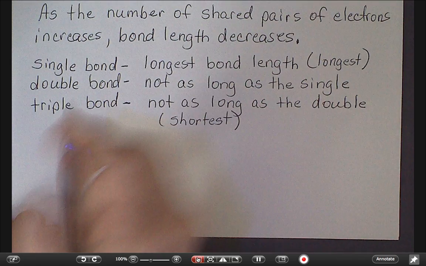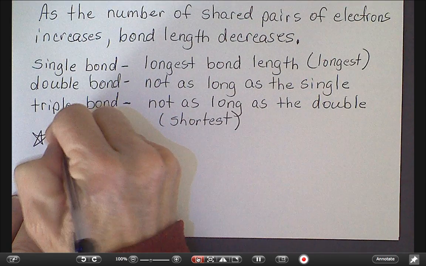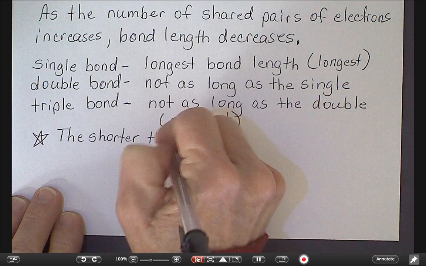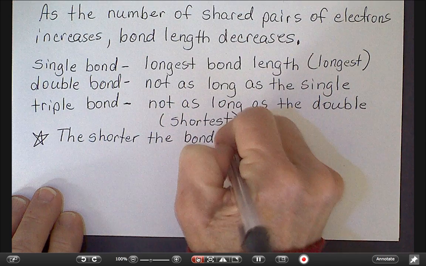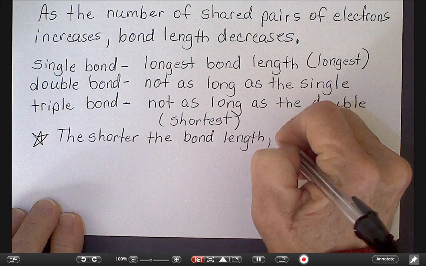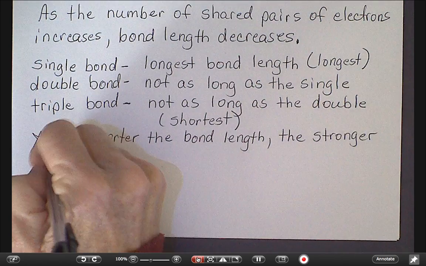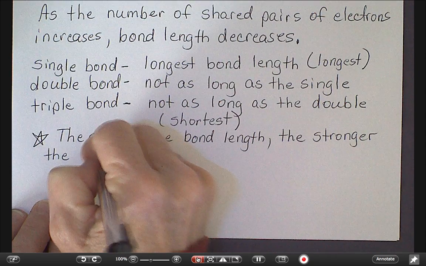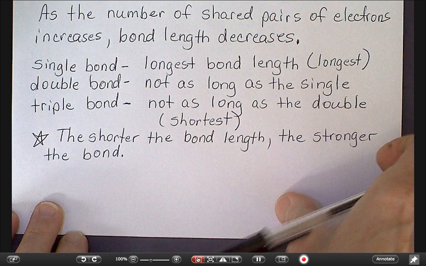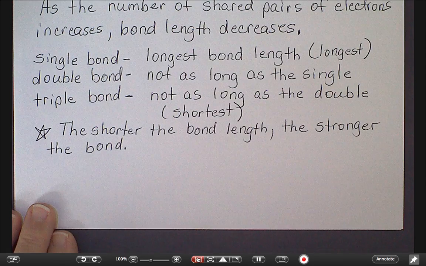Now, from that, put a star by this. The shorter the bond length, the stronger the bond. Okay, so who's going to be the strongest bond?